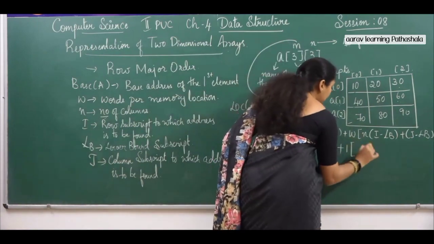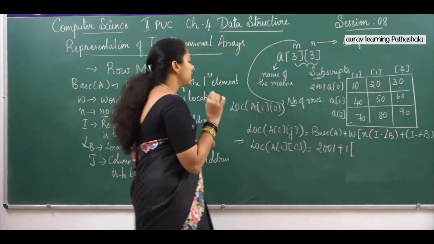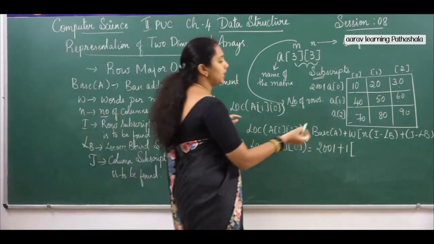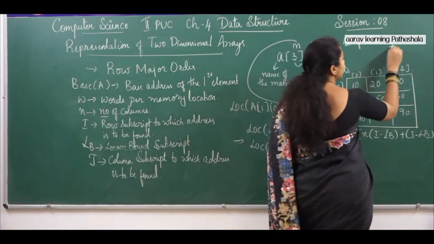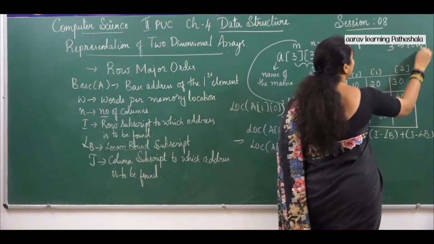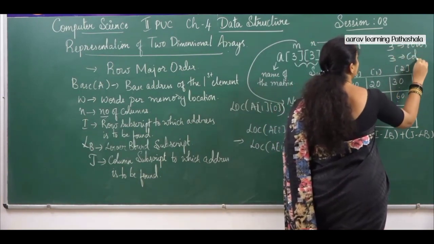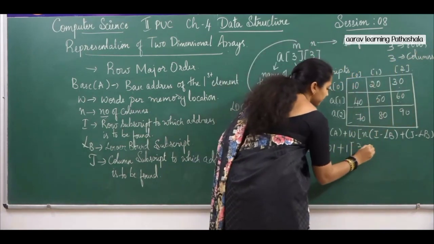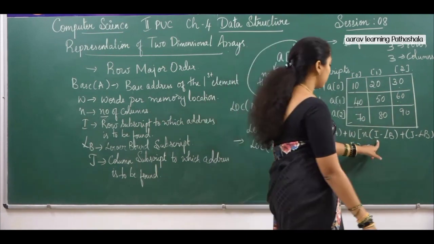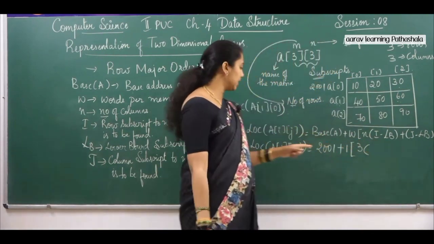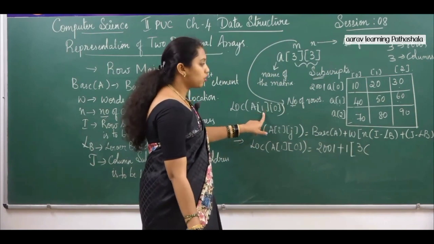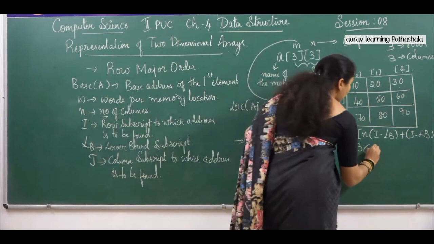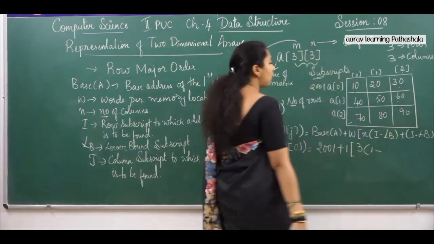What is the value of N? The N represents the number of columns. So how many columns are there in this matrix? We have 3 rows and 3 columns, right? Hence, the value of N is 3. What is the value of I? The value of I is 1, that is the row subscript to which we have to find the address. 1 minus LB, the lower bound.